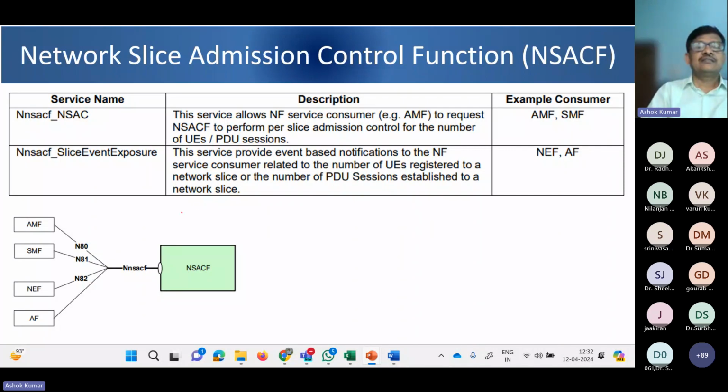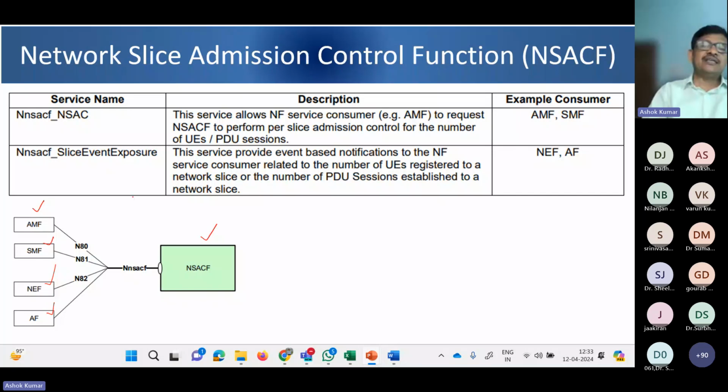As we know, the services provided by this admission control function have to be consumed by AMF because it's the entry point of user equipment, by SMF because the PDU session is created by SMF, and the PDU session is one of the parameters for admission control, and then the network exposure function because there may be a third party services being connected, and the application function. Application function covers those services provided by automobile companies or any kind of IoT server.